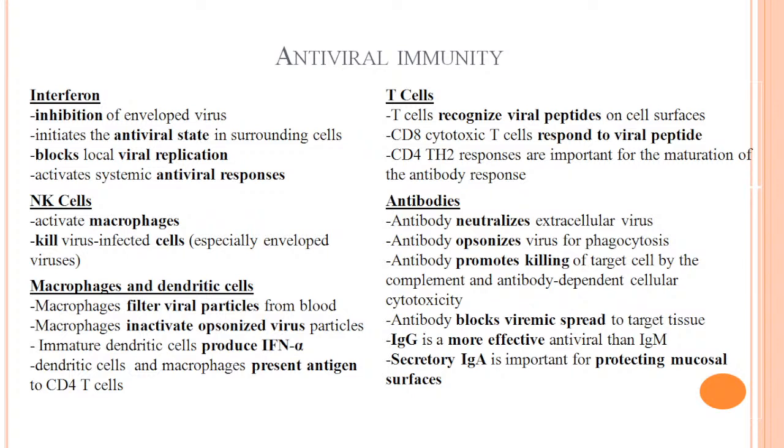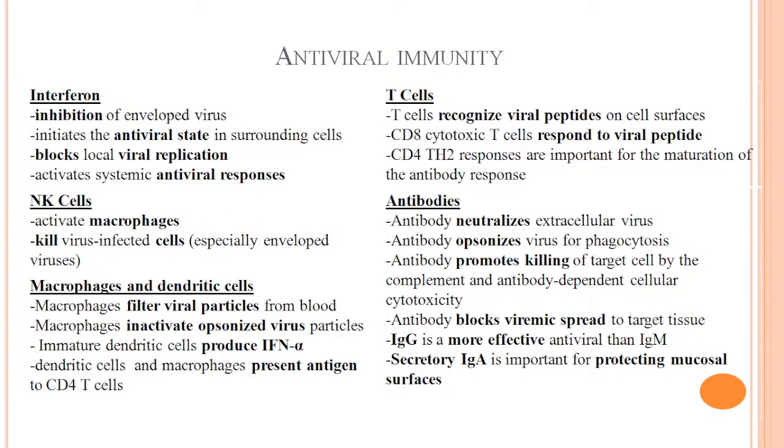It blocks local viral replication and activates systemic antiviral responses. There are three types of interferon: alpha, beta, and gamma. The most effective interferon against viruses is alpha interferon, or leukocyte interferon. It is also used for treatment and prophylaxis of viral infections.